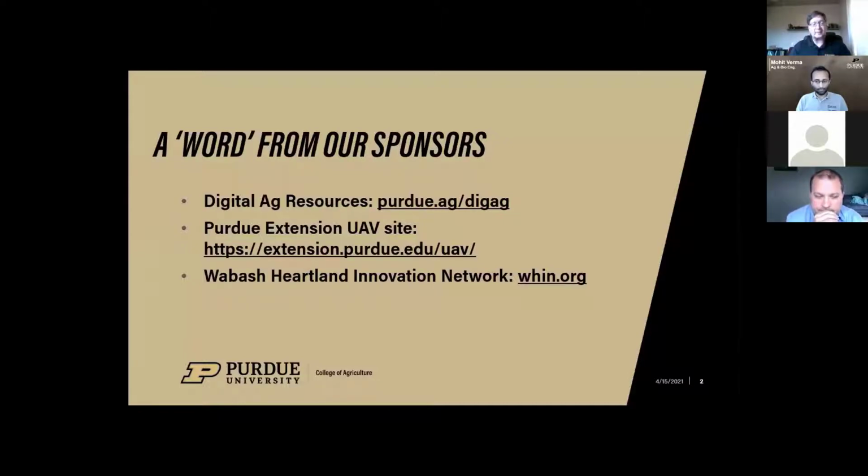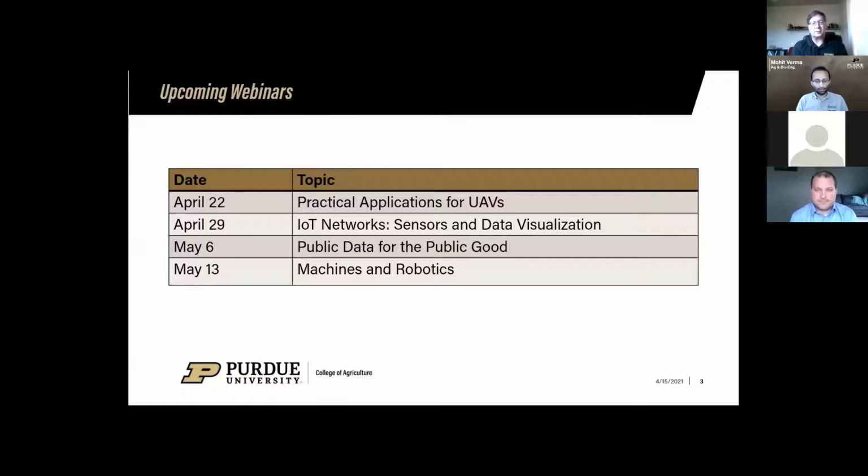There's a specific site regarding UAVs, and as you think about the topic of next week, you may want to go there. Much of this work is in part supported by the Wabash Heartland Innovation Network, which was a Lilly Endowment Foundation gift to the 10-county region here in West Central Indiana.